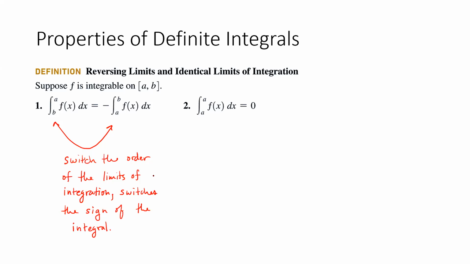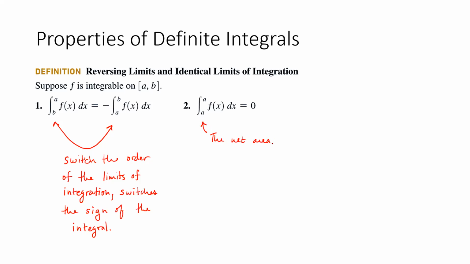Okay, so in other words, if we go from right to left instead of left to right, then it's going to give us a negative net area or a negative integral. And then here, the integral from A to A, well, we can imagine that from A to A represents the net area of a region with no width. So from A to A, of course, that's one single point, right?